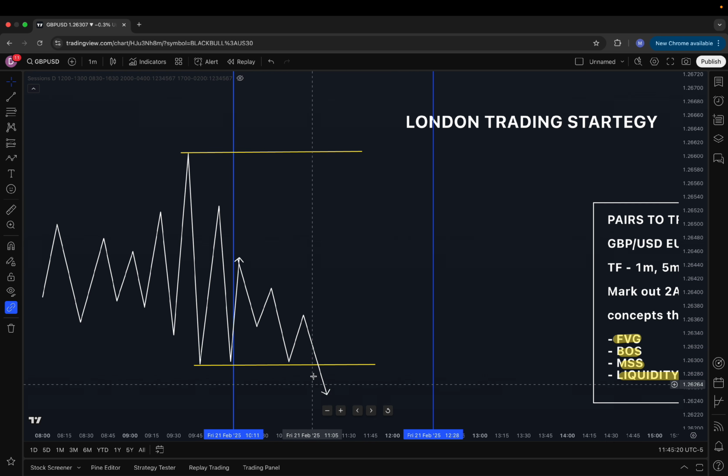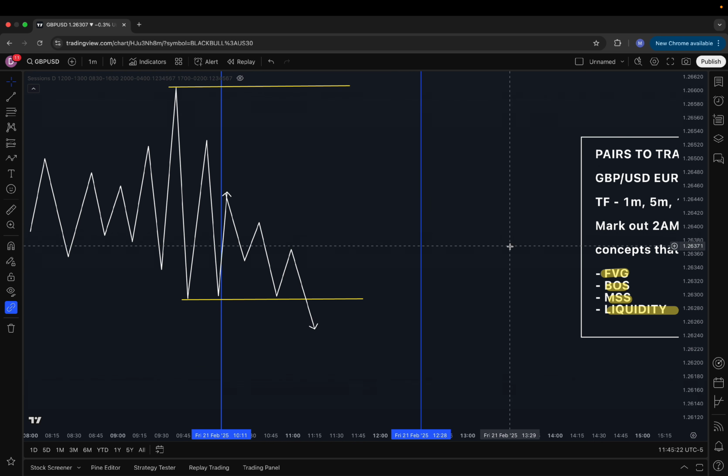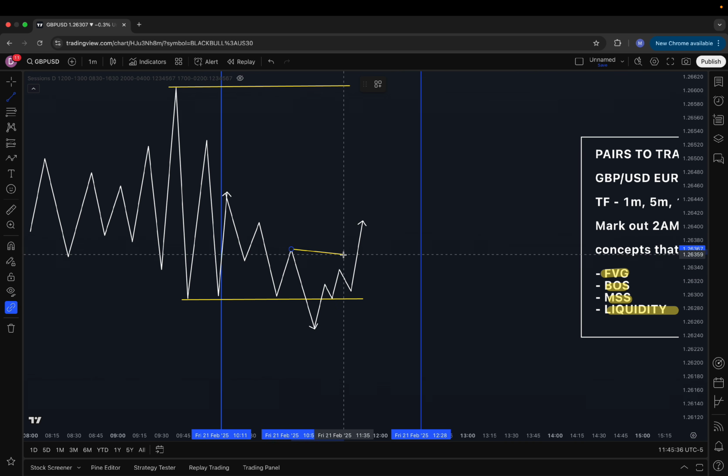Once that low has been taken, we want to wait for a market structure shift or a break of structure. Price just faffs about and we have a break of structure right here, leaving a fair value gap.